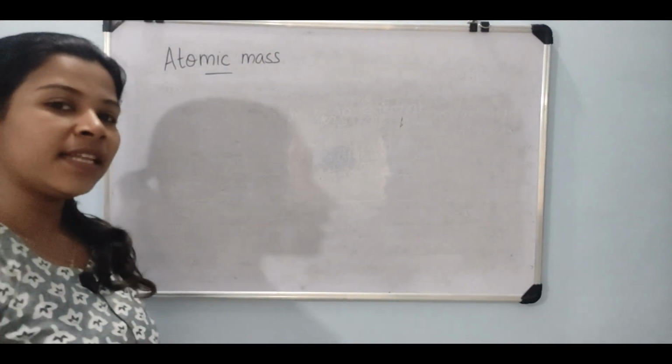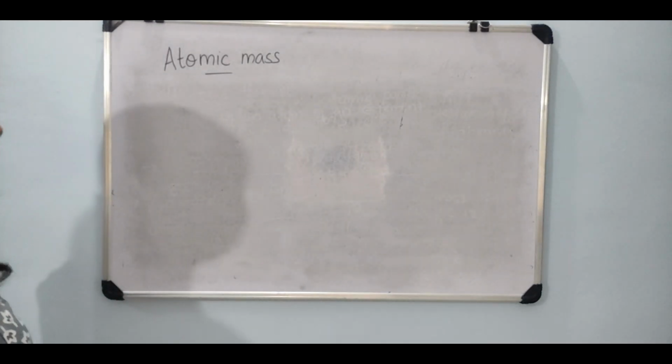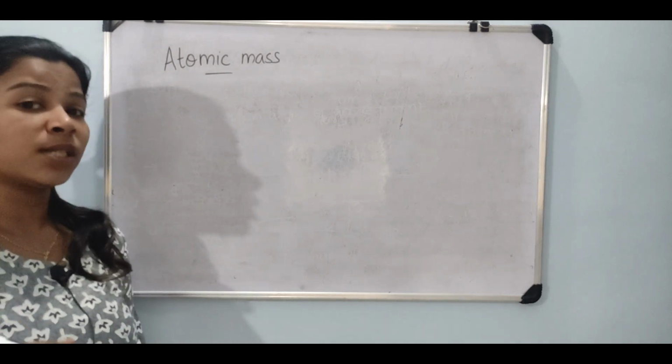Now, as we have seen, the mass of one carbon-12 atom is 12 U or 12 AMU. Let's see the atomic masses of some different elements.